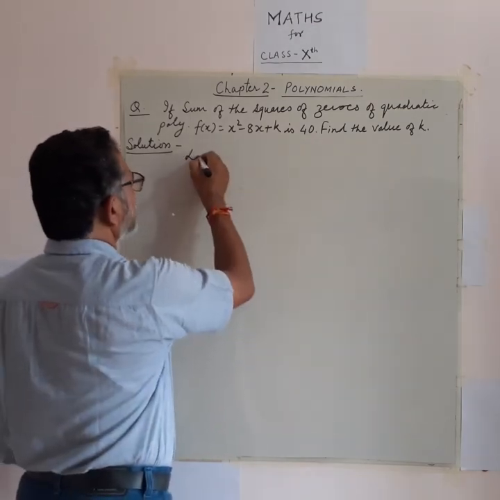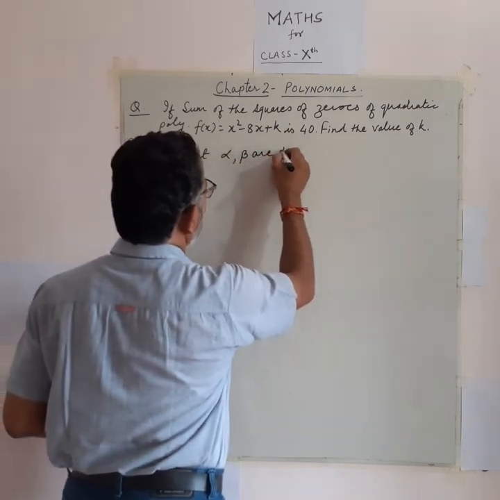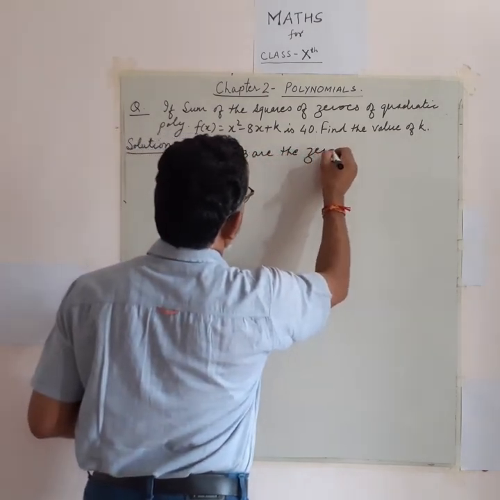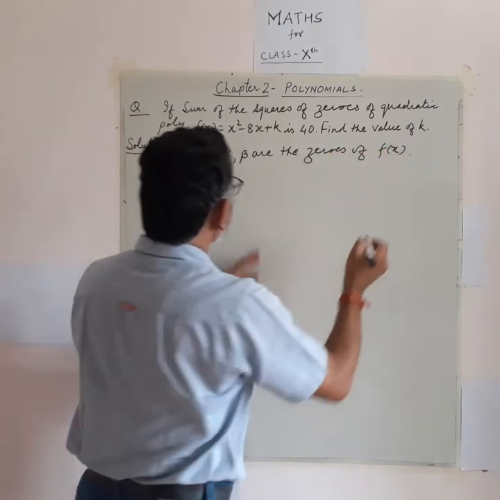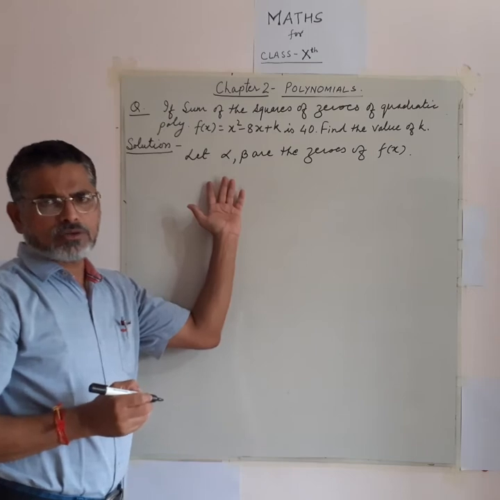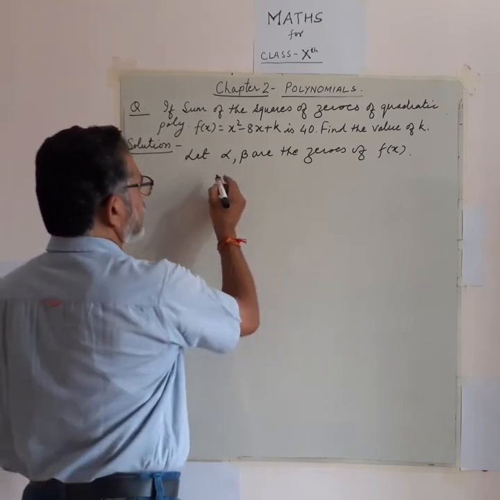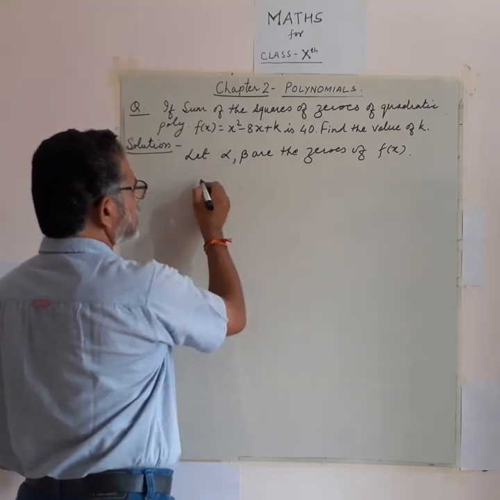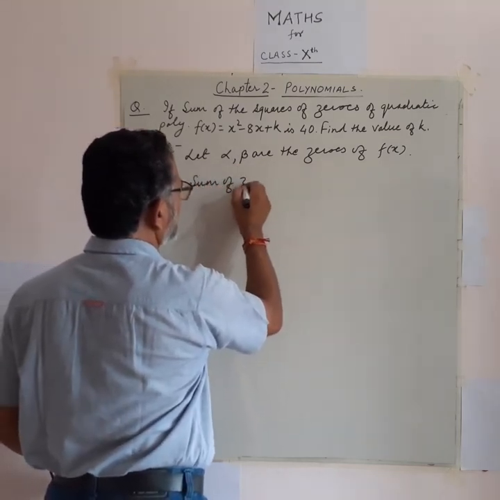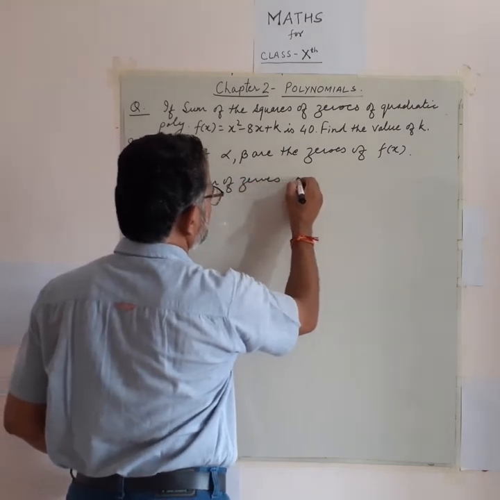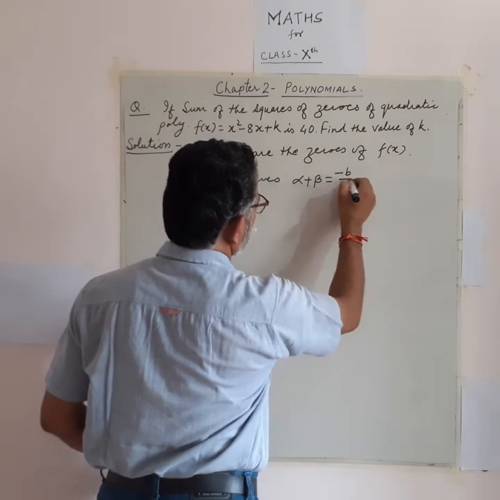Let alpha and beta be the zeros of f(x). It is a quadratic polynomial, so it will have 2 zeros, alpha and beta. Now what will be the sum of these zeros? So the sum of zeros, that is alpha plus beta, is minus b upon a.